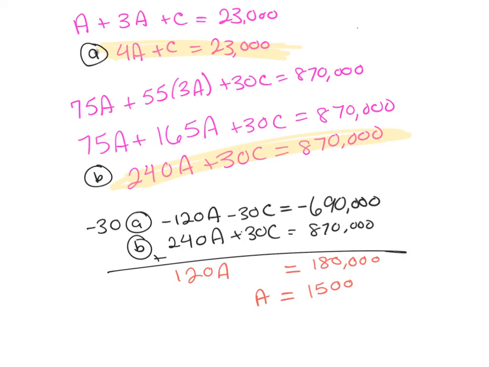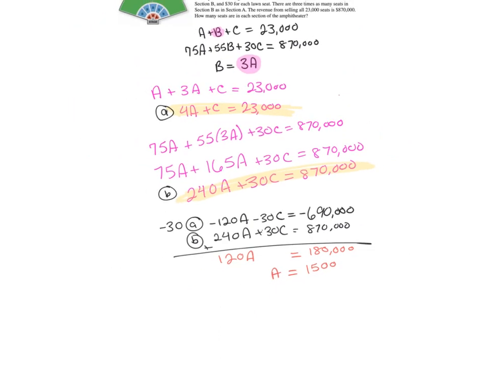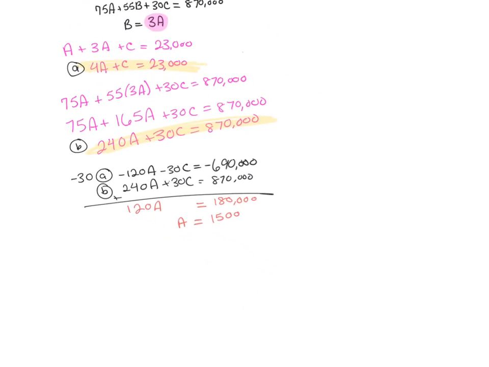Once we have A, we plug that back into one of our formulas. I'm going to choose equation A. So I'm plugging that back into equation A. So 4 times 1,500 plus C is equal to 23,000.